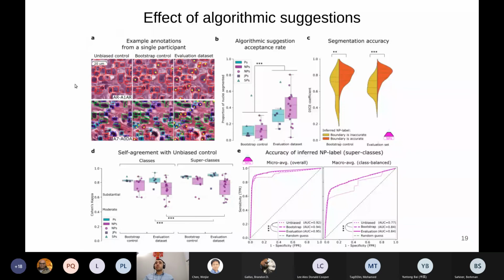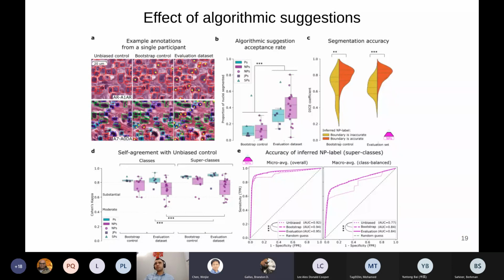Well, for the unbiased, this is what the person placed actually. Okay, they placed the boxes. All right, thank you. For the unbiased control, my understanding is it's manual annotation by themselves, and the other two you basically give them software assistance. I think sometimes it's called semi-automatic annotation.